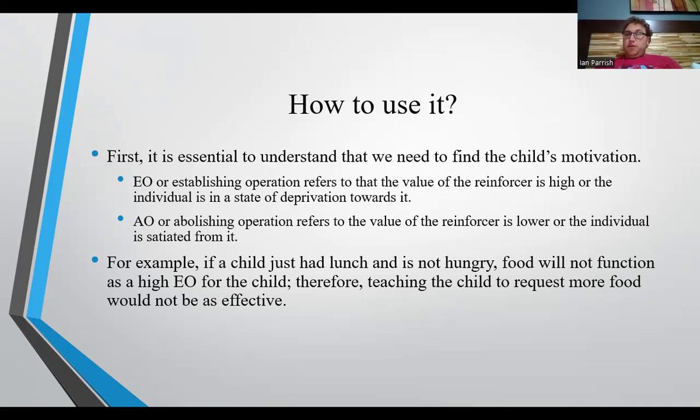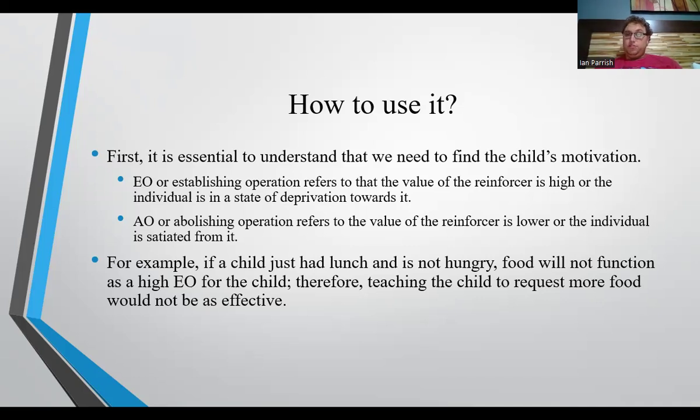To briefly explain what these mean, an EO or establishment operation refers to when the value of a reinforcer is high or the individual is in a state of deprivation towards the reinforcer. An AO is an abolishing operation, which is the opposite, where the value of the reinforcer is lower or the individual is satiated from it. So again, if a child just had lunch and is not hungry, the food will not function as a high EO.